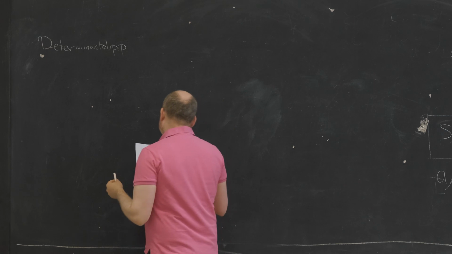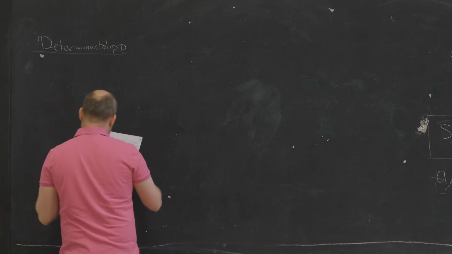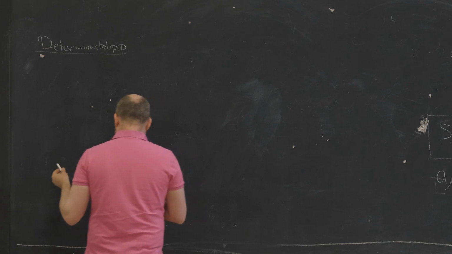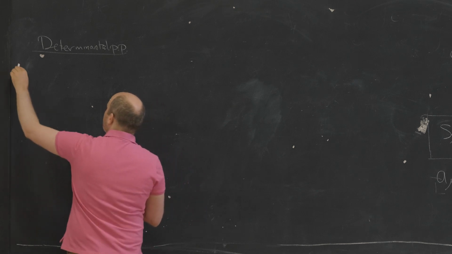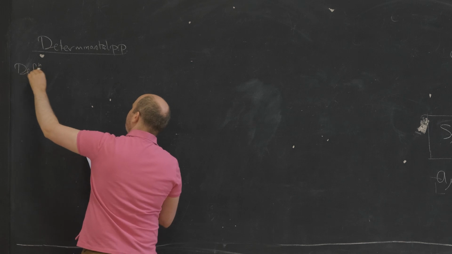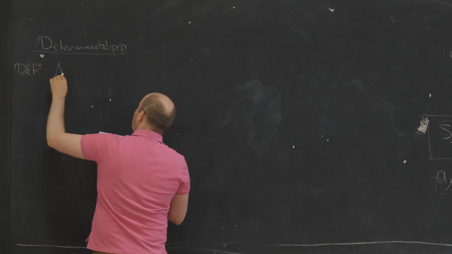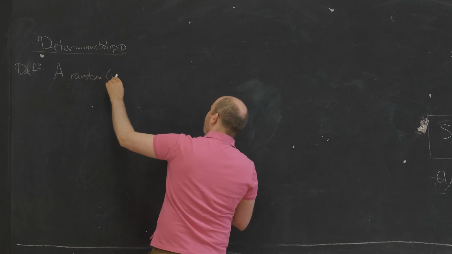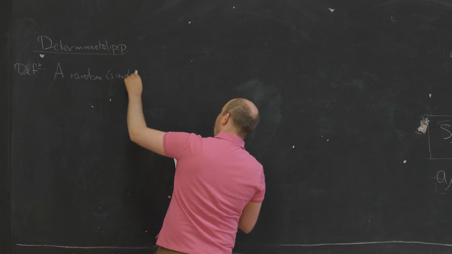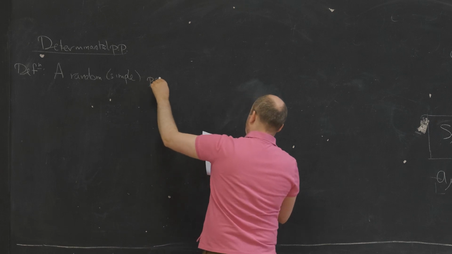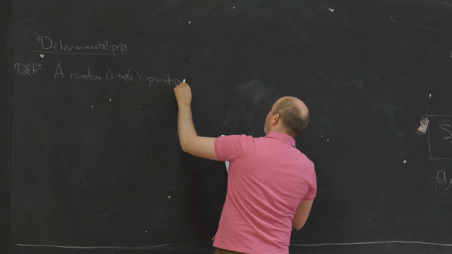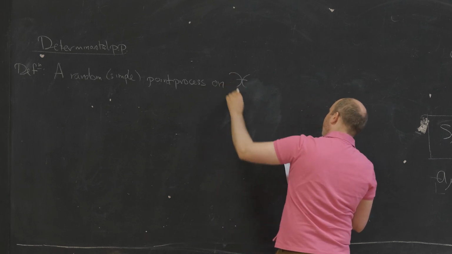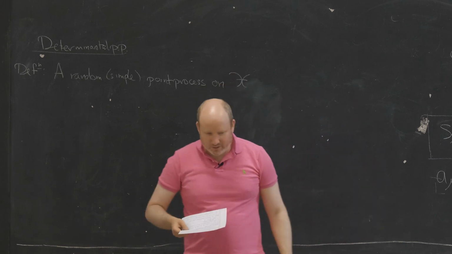Point processes. So it takes a little bit to get to this. So let me start with some definition. Okay. So a random, I'll assume simple, meaning one point per location, simple point process on a state space, which I'll call capital chi.